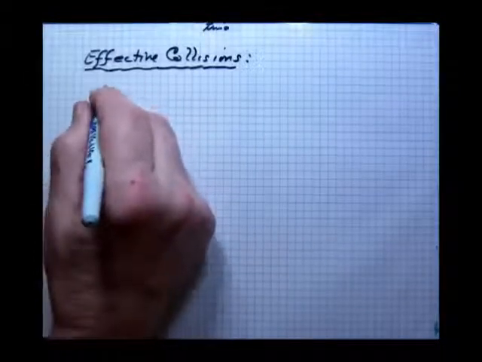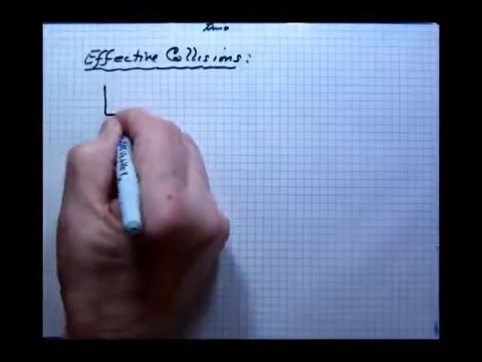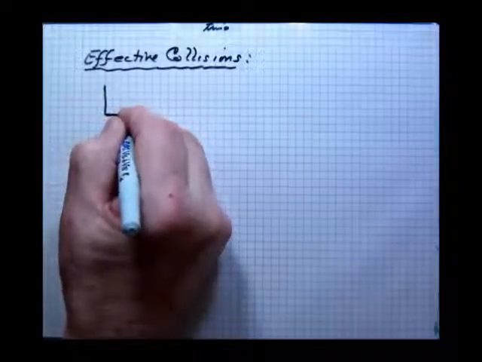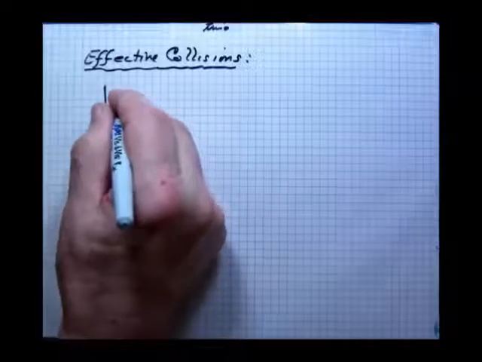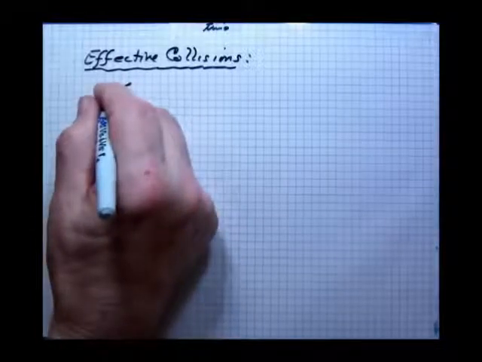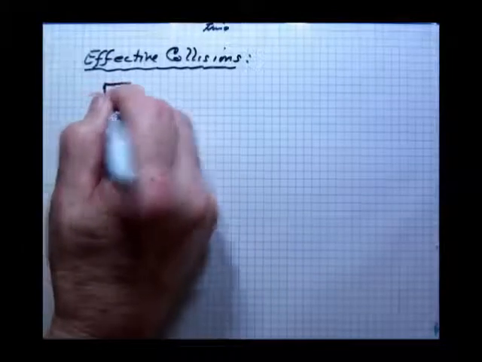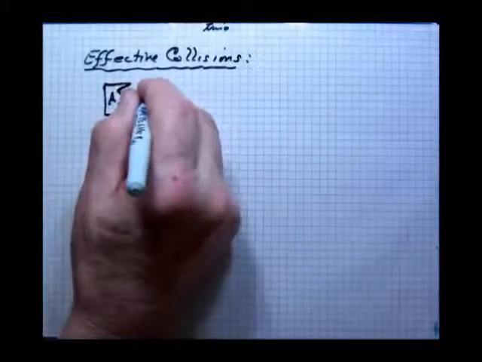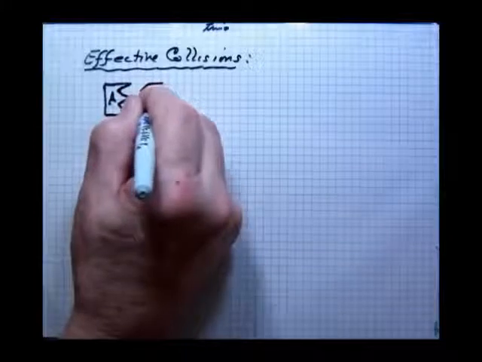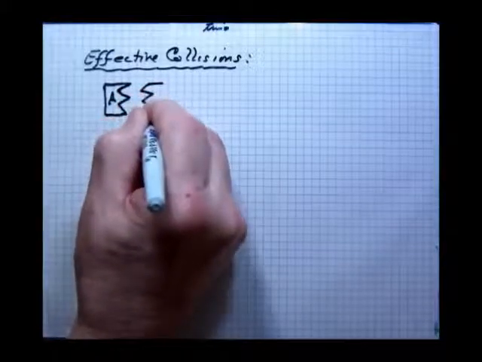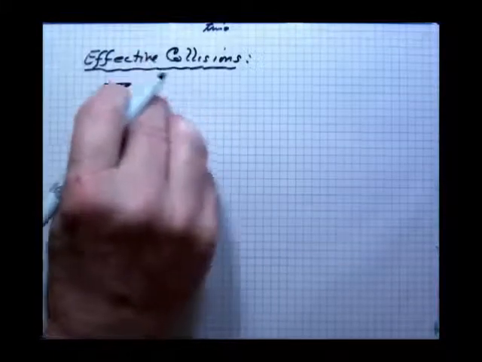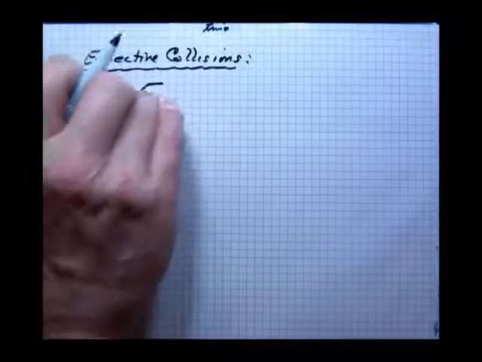For example, if I were to draw a weird looking diagram like this, and this is particle A, and over here I'm going to have particle B like this. Bring it down a little bit.